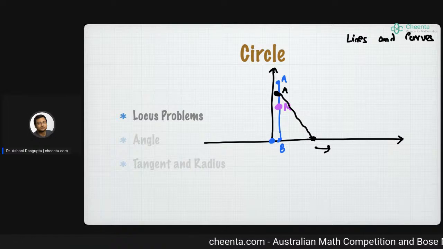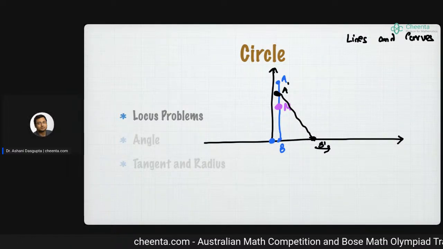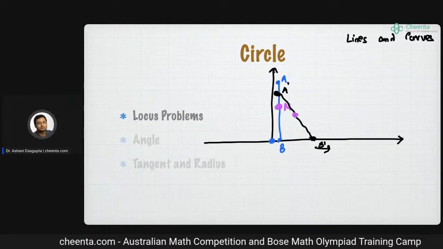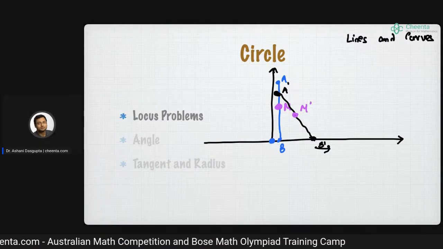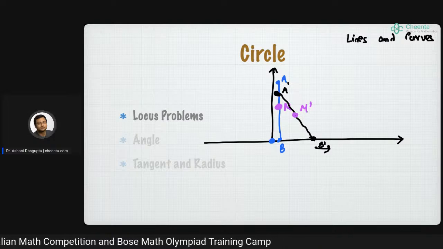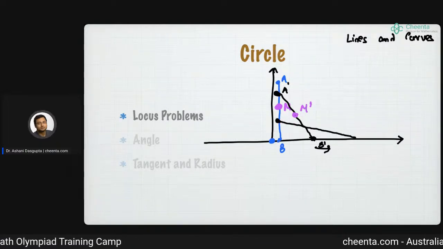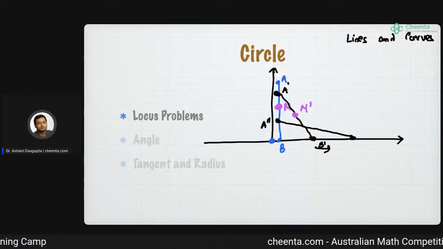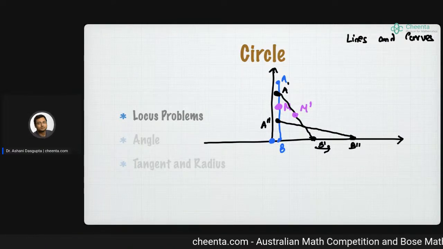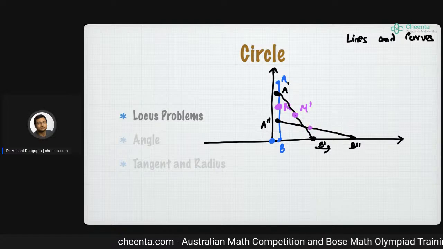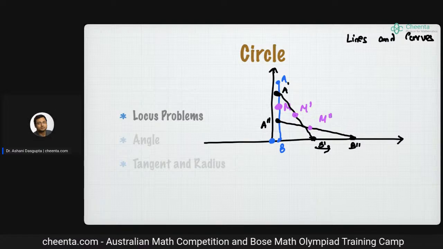So it's A prime, B prime. You mark again the midpoint M prime of this one. Now suppose it has slid a little bit more, maybe something like this. A double prime, B double prime. You again mark the midpoint of it, so it's somewhere here maybe. So M double prime.